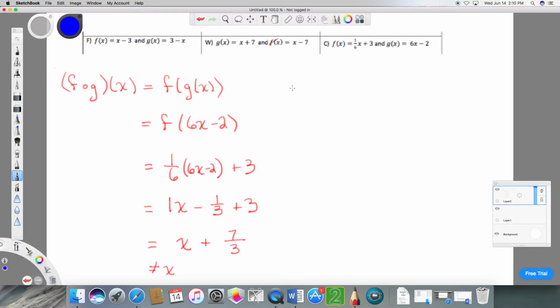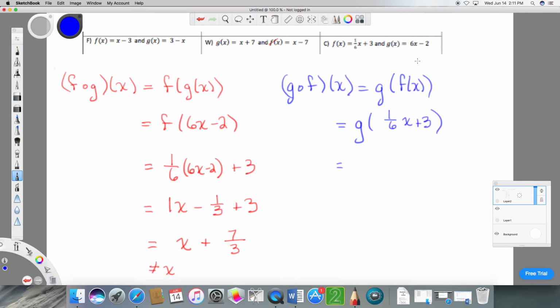Let's find the other way, g composed with f. f is the input for g. f is 1/6 x plus 3. It's a linear function. g always creates a subtraction problem where the first term is 6 times the input, then minus 2.